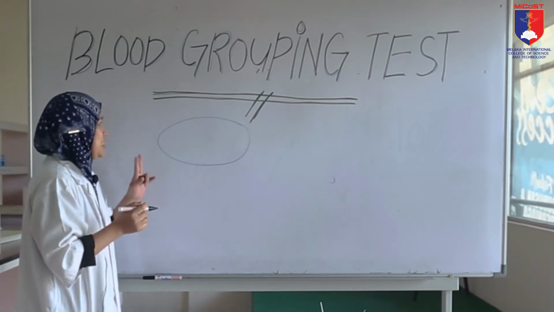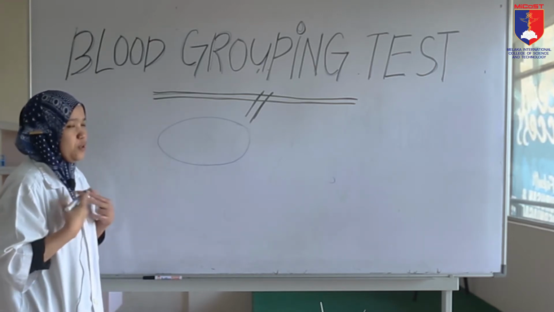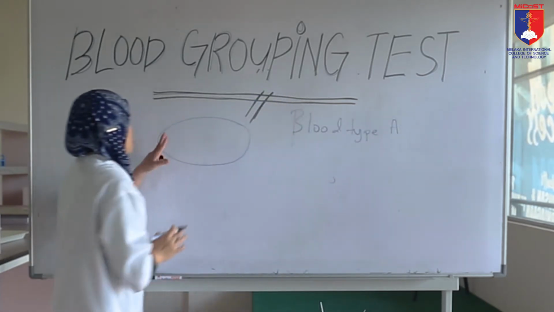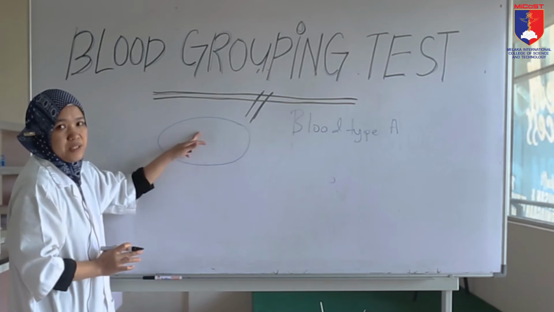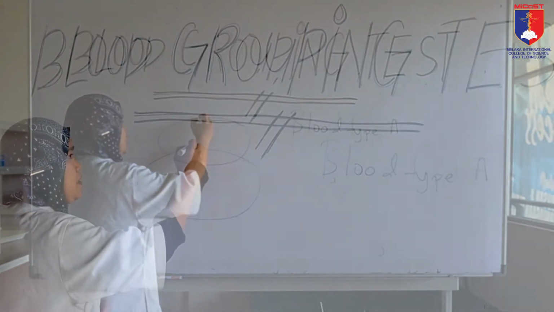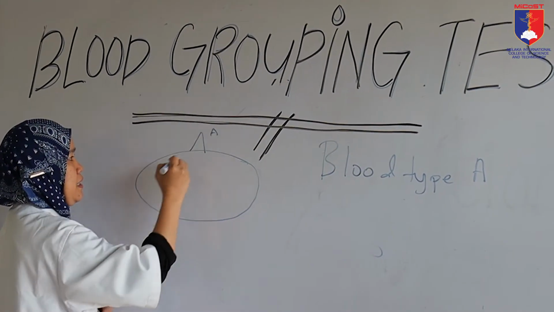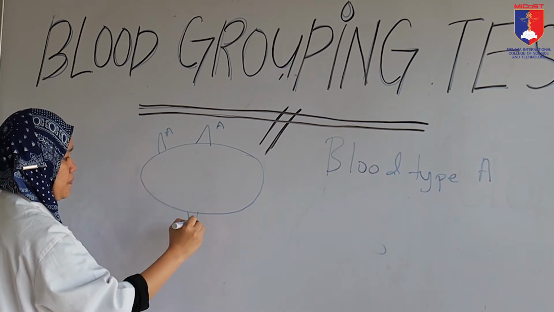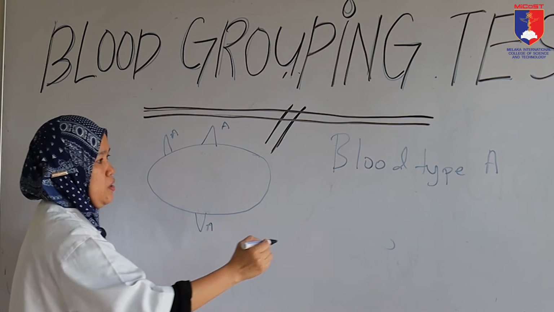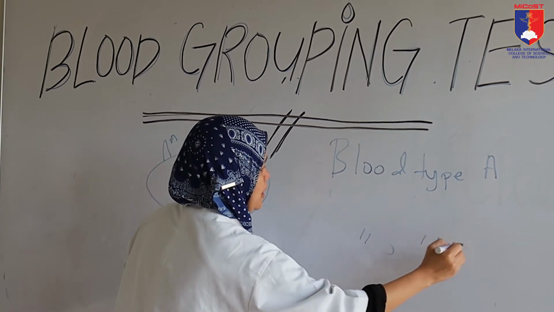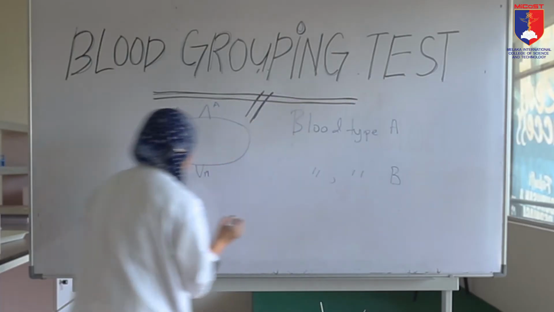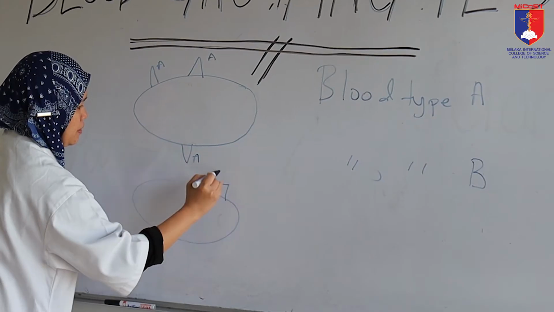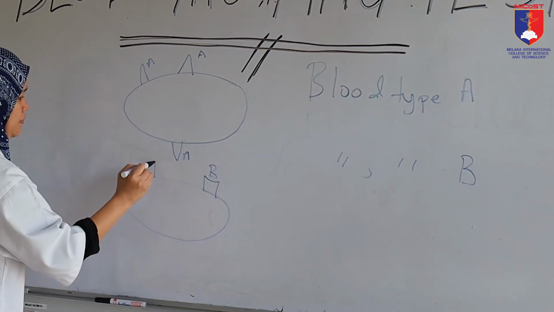For example, if we have blood type A, on the surface of our RBC they have antigen A. And if we have blood type B, we have antigen B.